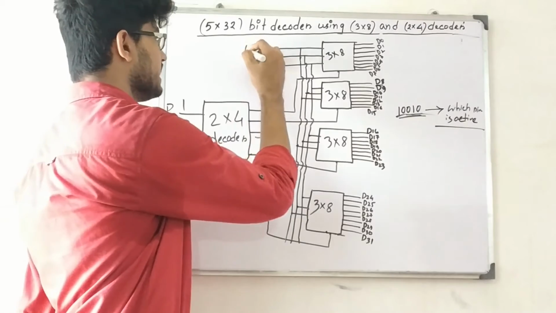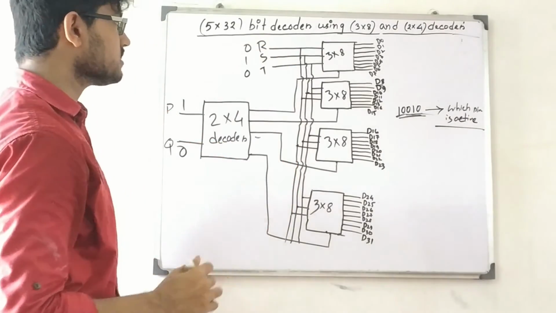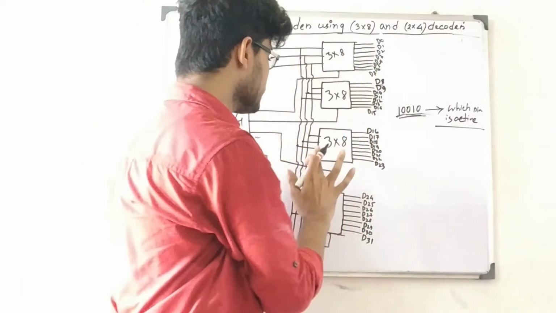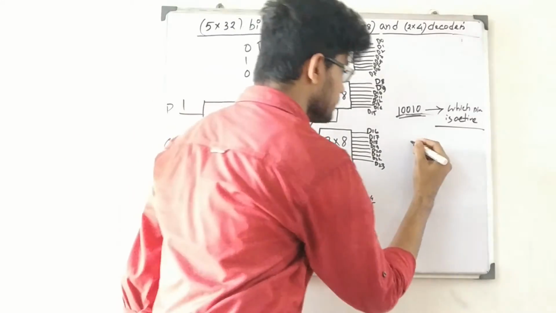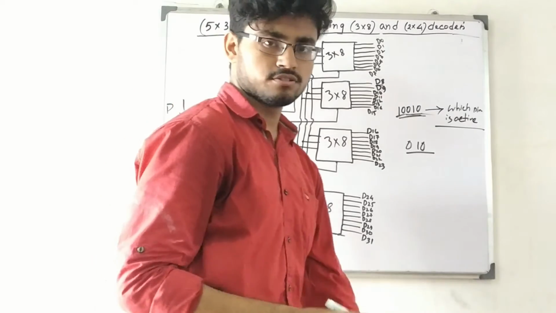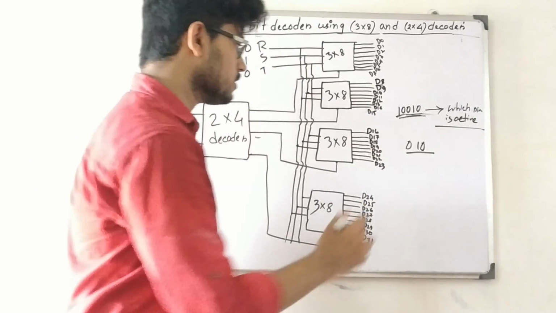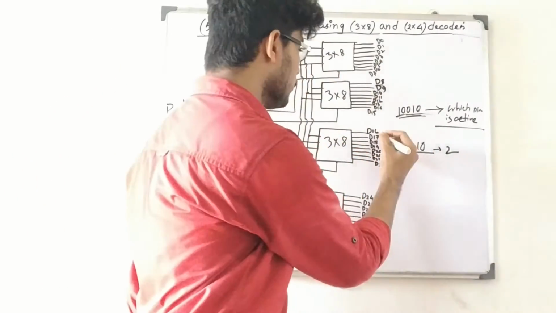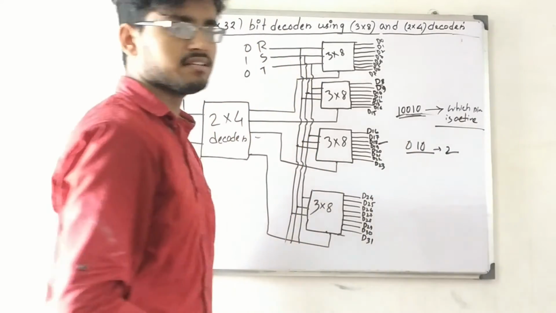Now we see 0 1 0 as the next three bits. If we give 0 1 0 here, then in binary it is also 2. So you can see it's also 2. Only the D18 pin is active here.